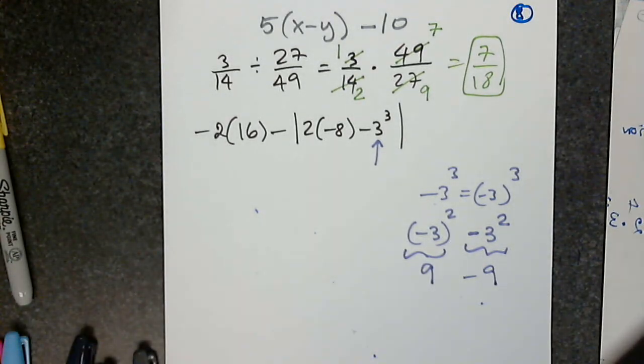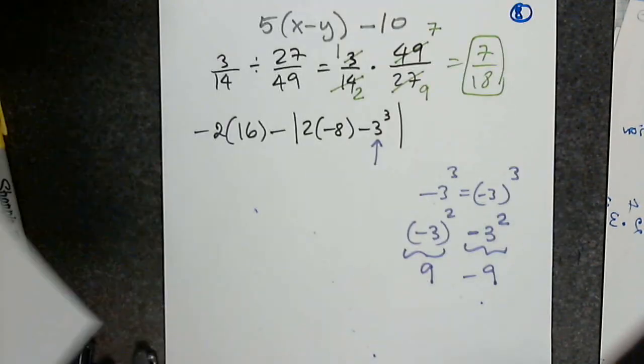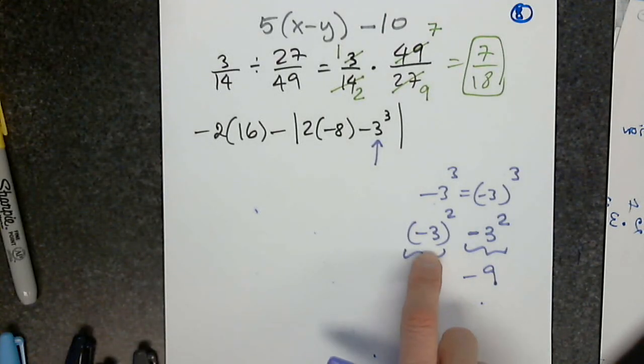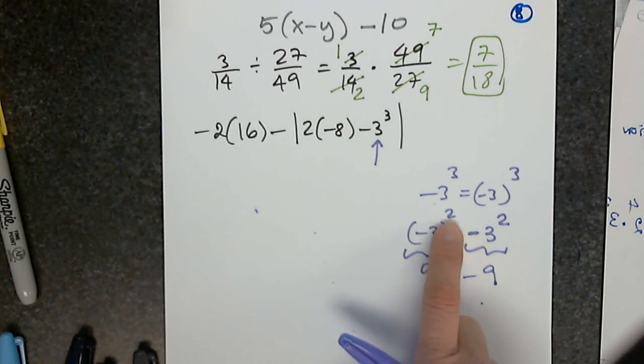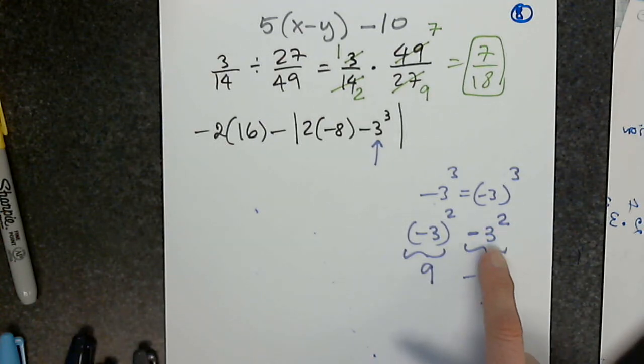So if the power is odd, they're both the same. But if the power is even, they're not. Exactly based on what we just tested here a few minutes ago. So when I raise a negative number to an even power, the answer is positive. But here, this does not say that I'm raising negative 3.